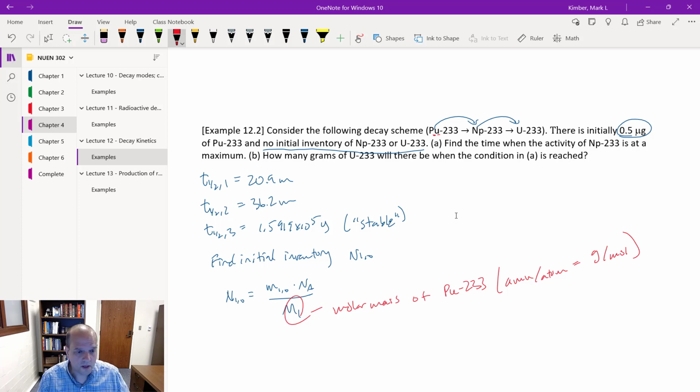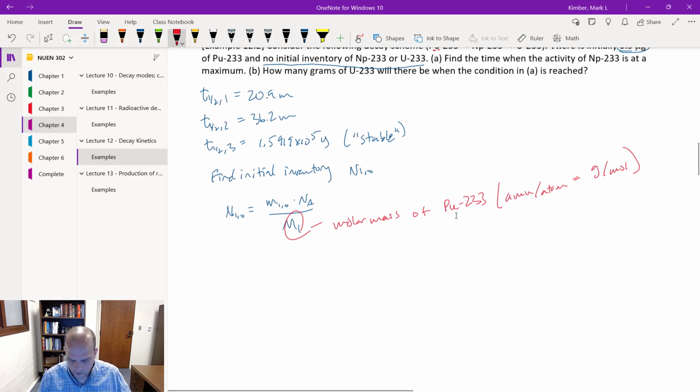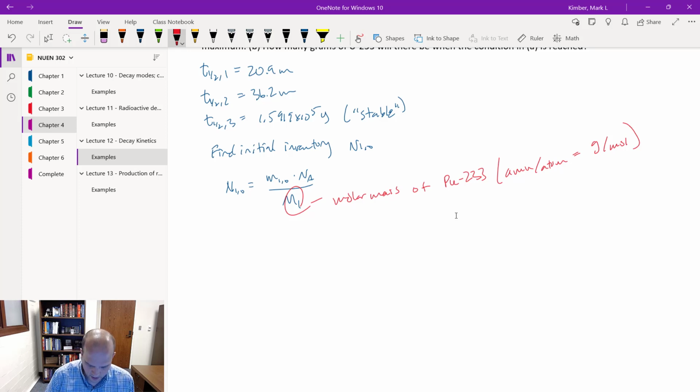So if I look up the AMU value for plutonium-233, I'll eventually find out that the initial number of atoms of that first isotope is going to be 2.584 times 10 to the 22. And that will be at time equal to 0.